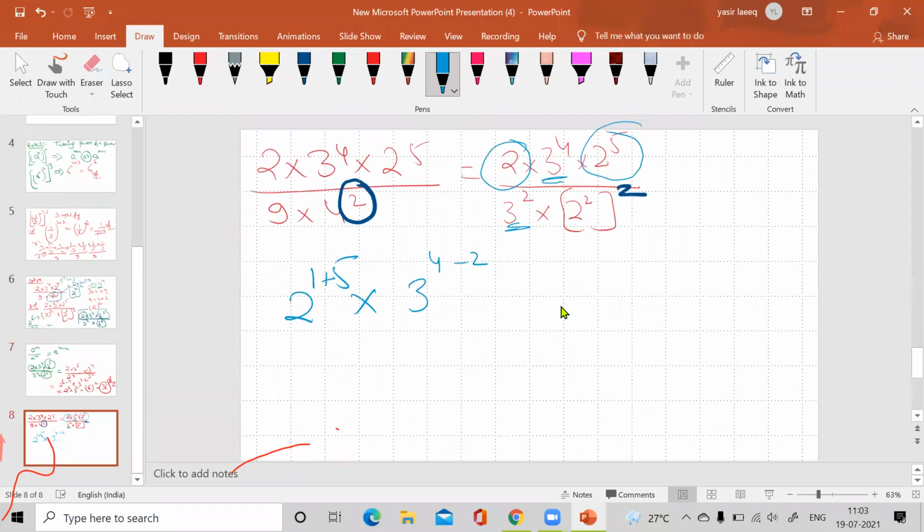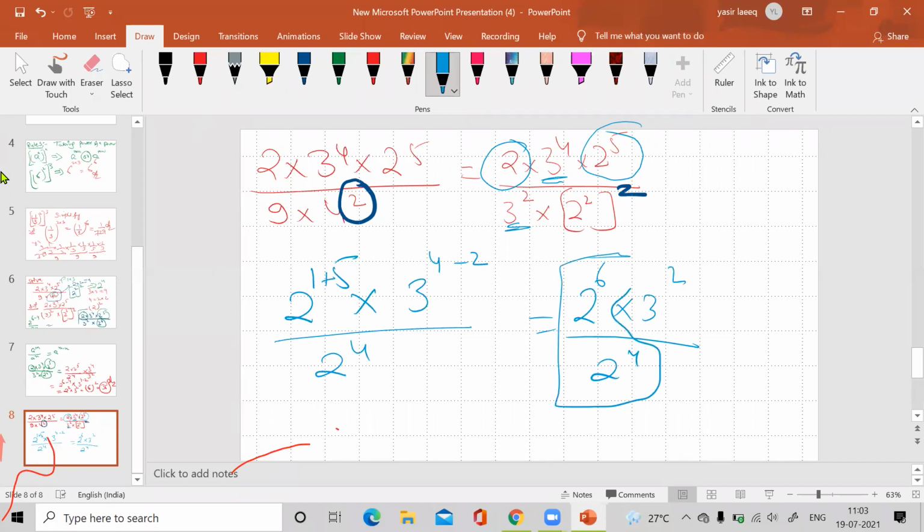But here this part is left. So you can also write it as 2 raised to the power 4. 2 to the power 6 into 3 raised to the power 2, and 2 is this. Then this is again in the form of rule number 2, so you can write 2 to the power 6 minus 4 into 3 to the power 2.